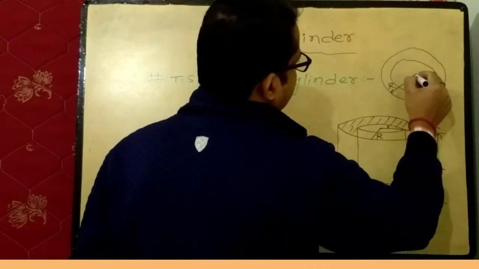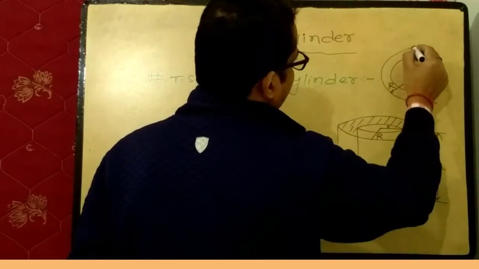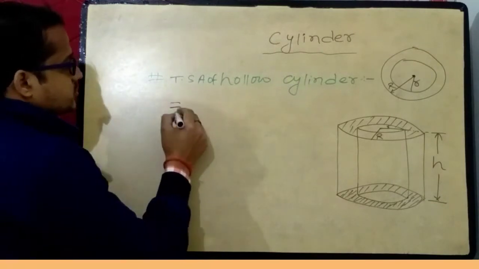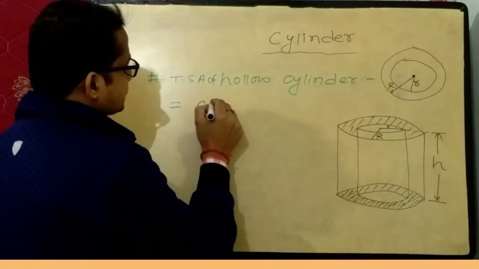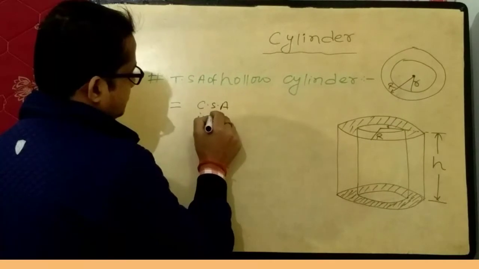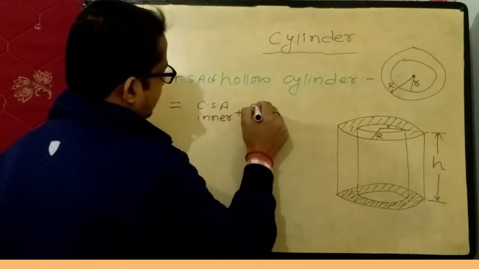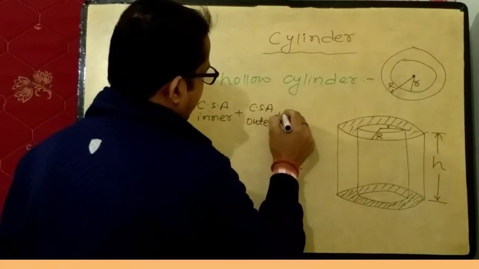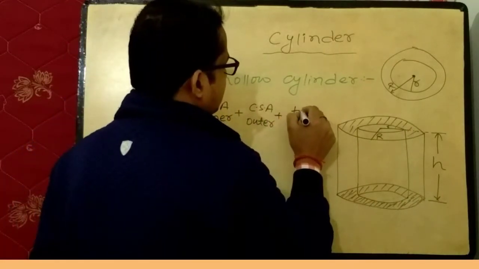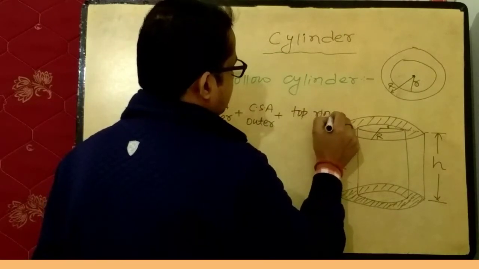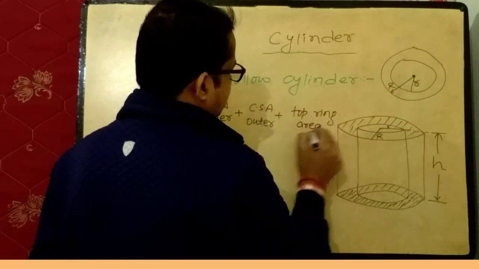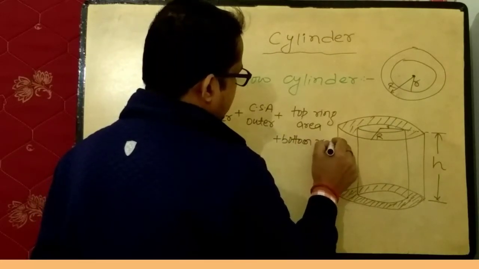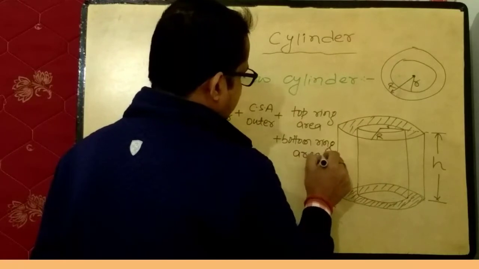So, the total surface area of this hollow cylinder equals CSA inner add up CSA outer add up top ring area add up bottom ring area.